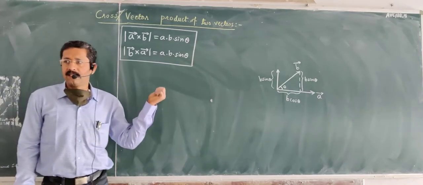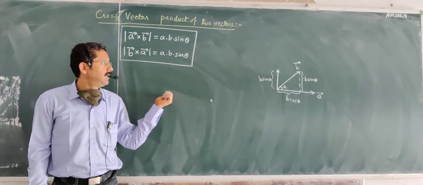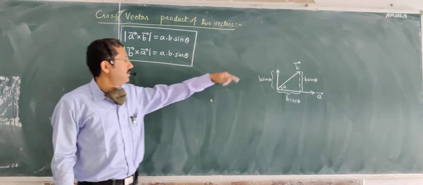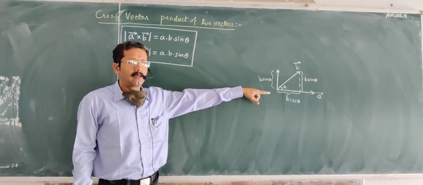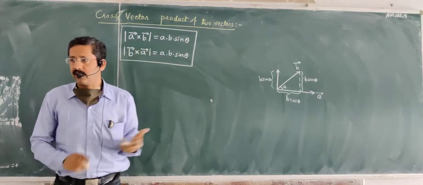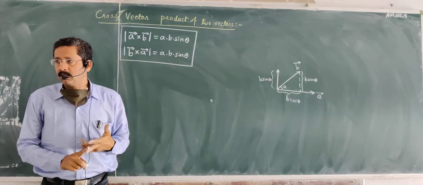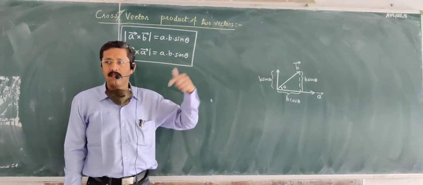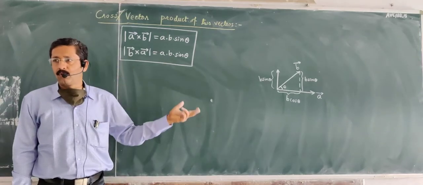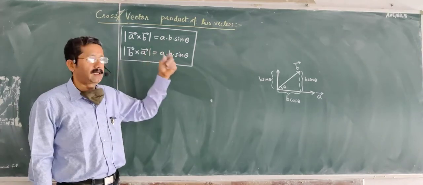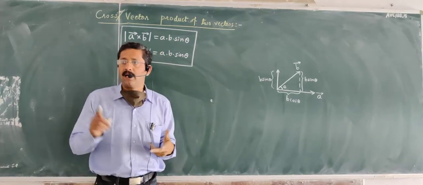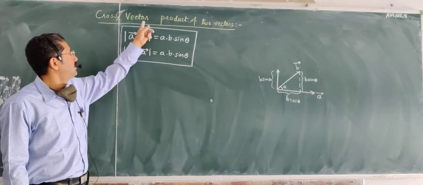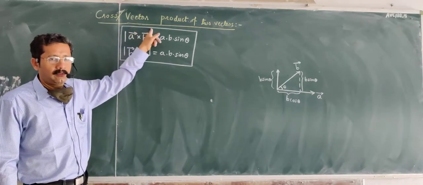The reason why I say it like this is that whenever I speak about the cross product, it will have a specific direction. And because it has a direction, the resultant of the multiplication in this particular manner will have some direction, and that is why it is also known as vector product.